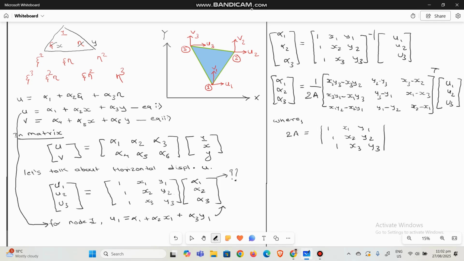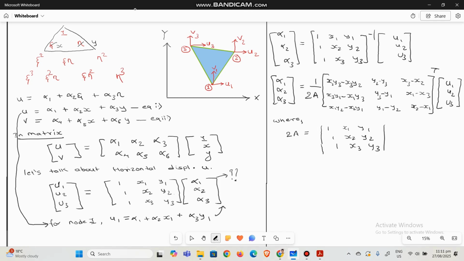Just find the determinant of this matrix, and then you get 2A. It is just for the representation that we have written this, where A is the area.